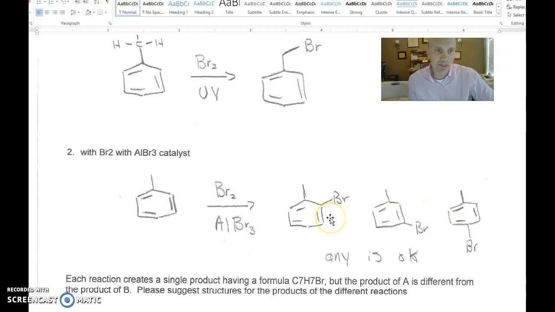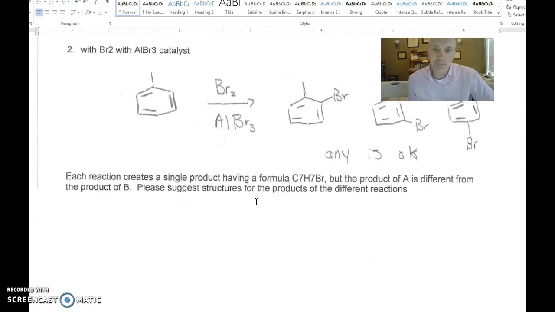Any of those would be acceptable. In case you're wondering why we didn't show substitution over here or over here, it's because if we substituted at this position, it would be the exact same molecule as this one right here. If you take this molecule and flip it over like a pancake, you would see that it would just move the bromine to that side.